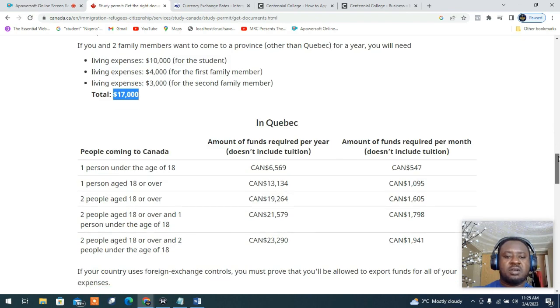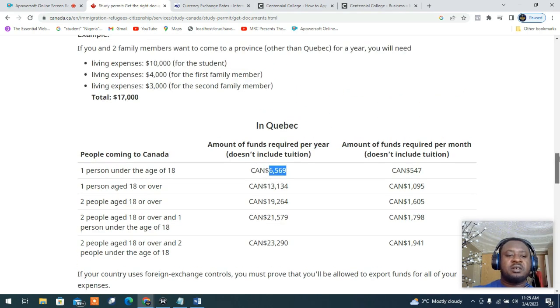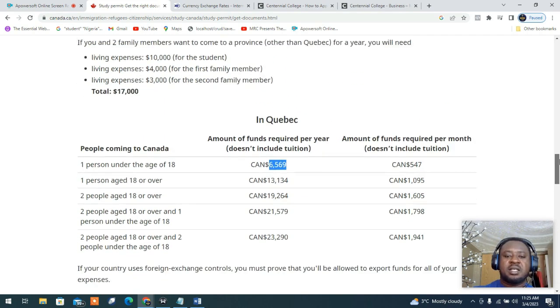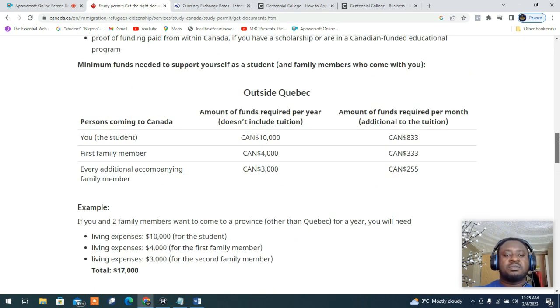You can always go down and see what they have here. You see person under 18, the funds required per year. What we are saying here is the money you are expected, according to Canada immigration, to have in your account.